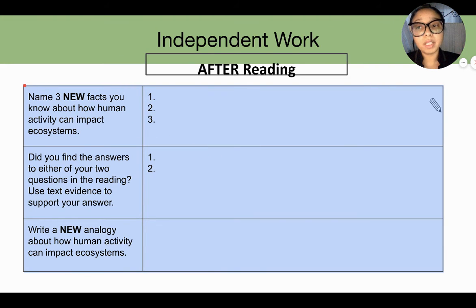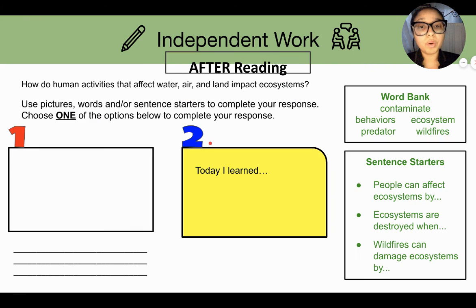Now you can complete the graphic organizer that your teacher has provided for you. Or you can choose one of these exit slips to complete. Your question is, how do human activities that affect water, air, and land impact ecosystems? You can use pictures, words, or sentence starters to complete your response.